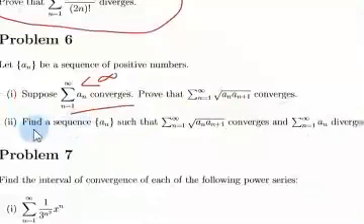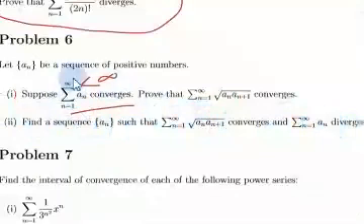So let's go to the second part of that problem. Find a sequence a_n such that this one converges and this series of a_n diverges.